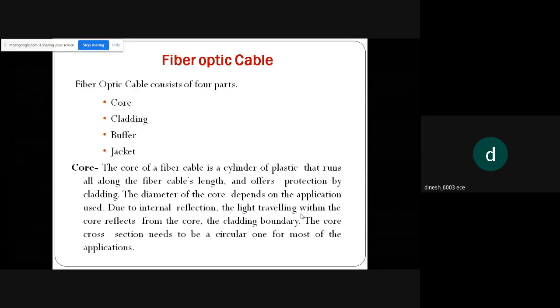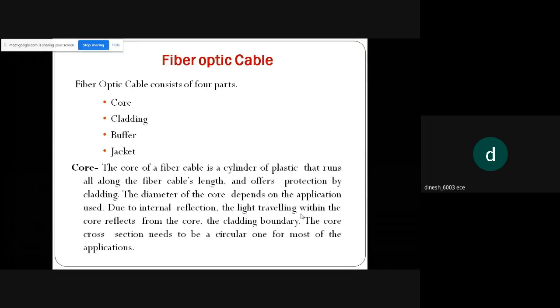The diameter of this core will vary depending upon the application that we are going to use. And most probably the core cross section should always be circular for most applications. Due to internal reflection, the light will travel within the core and reflect from the core-cladding boundary.